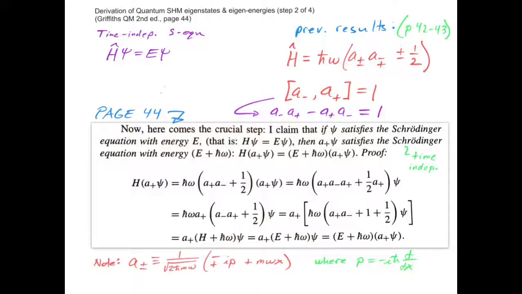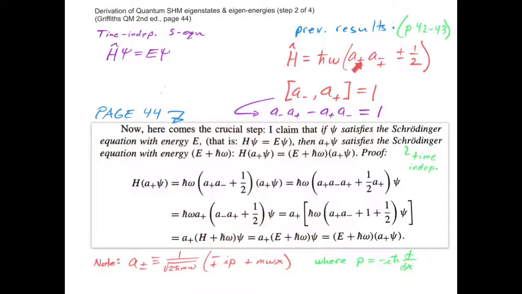In doing this, I'm following the second edition of Griffiths' quantum mechanics text, page 44. All right, we need to use some previous results. On previous pages, Griffiths wrote the Hamiltonian in terms of these A plus and A minus operators like this. And this actually contains two equations.